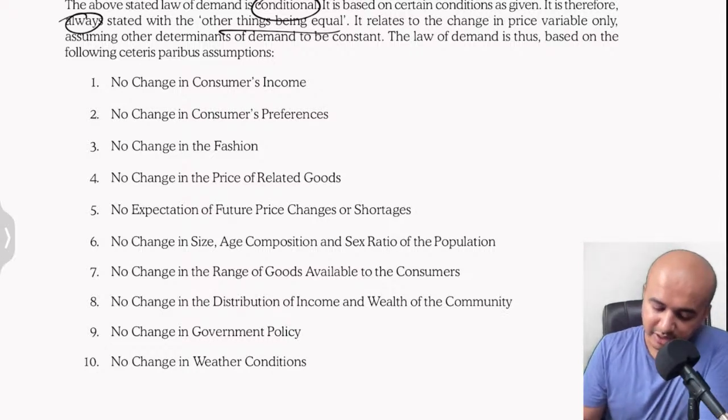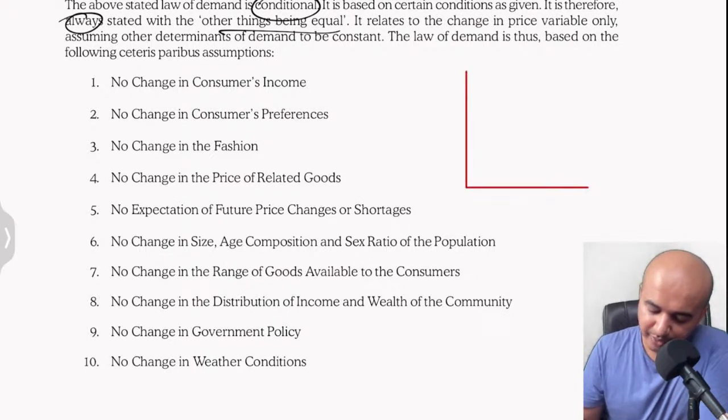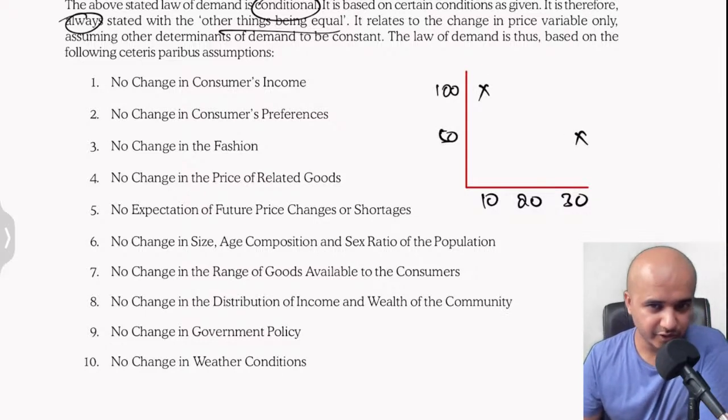For instance, let's say the price of one particular commodity has fallen from 100 rupees to 50 rupees, whereas according to the law of demand, the demand should have gone up from, let's say, 10 units at 100 to 30 units at 50 rupees. But what happened here was, the person or the group of people who were supposed to buy this commodity all lost their jobs.